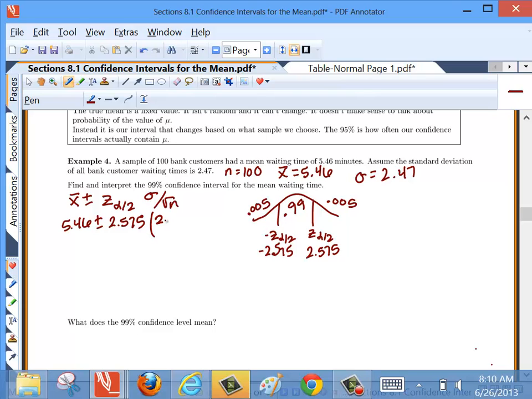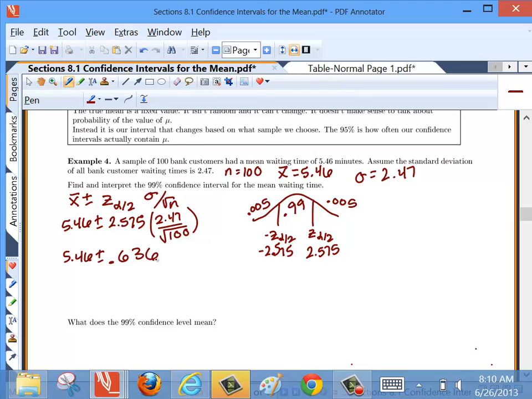Okay, sigma is 2.47 over the square root of 100. So it's 5.46 plus or minus 0.636. What do we call the part that we add and subtract for my confidence interval?